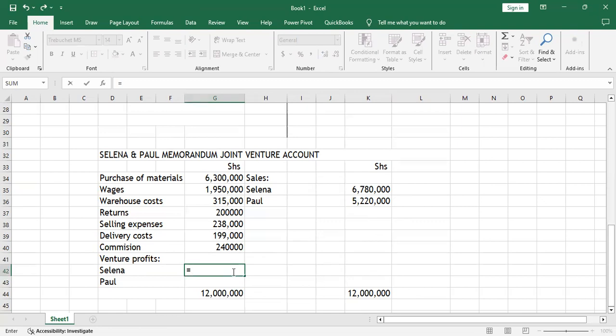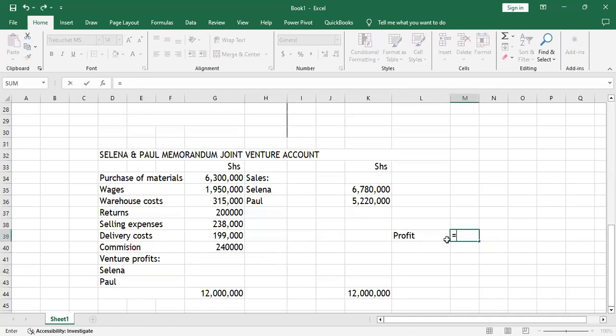So let's first find out the profit. My profit will equal, this is our profit. Let's first find out how much the profit is.